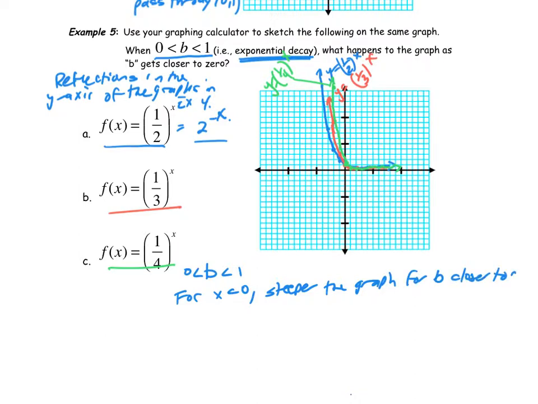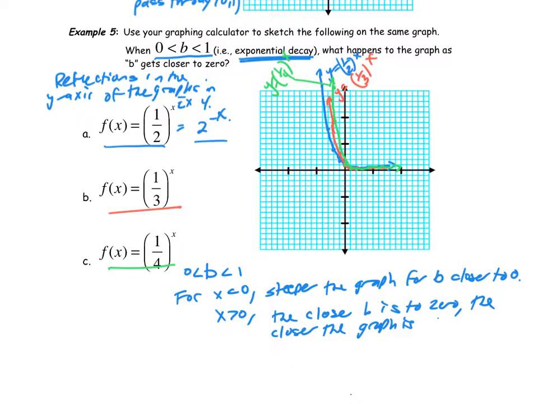So the closer b is to 0, the steeper the graph. For x greater than 0, let me say that better. When x is greater than 0, the closer b is to 0, the closer the graph is to the x-axis.